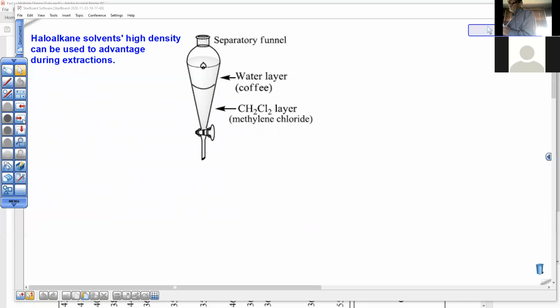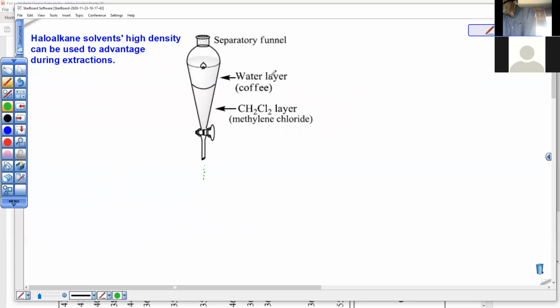Sometimes you want an extraction solvent to be the bottom layer during an extraction. This is a typical diagram taken straight from the textbook. It's called a separatory funnel. Somebody left this one on, so right now it would be dripping down here. I couldn't find a diagram where it was closed.